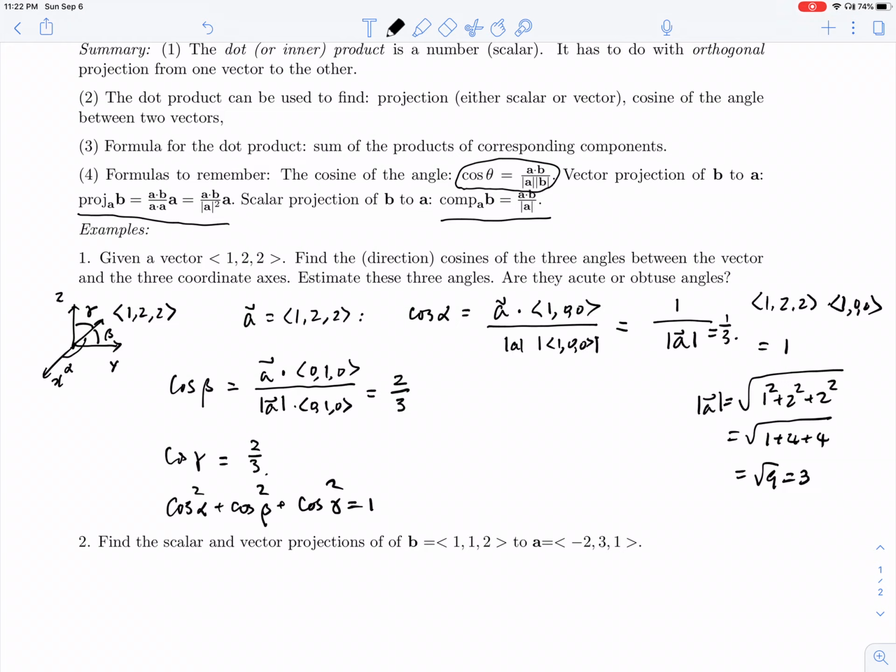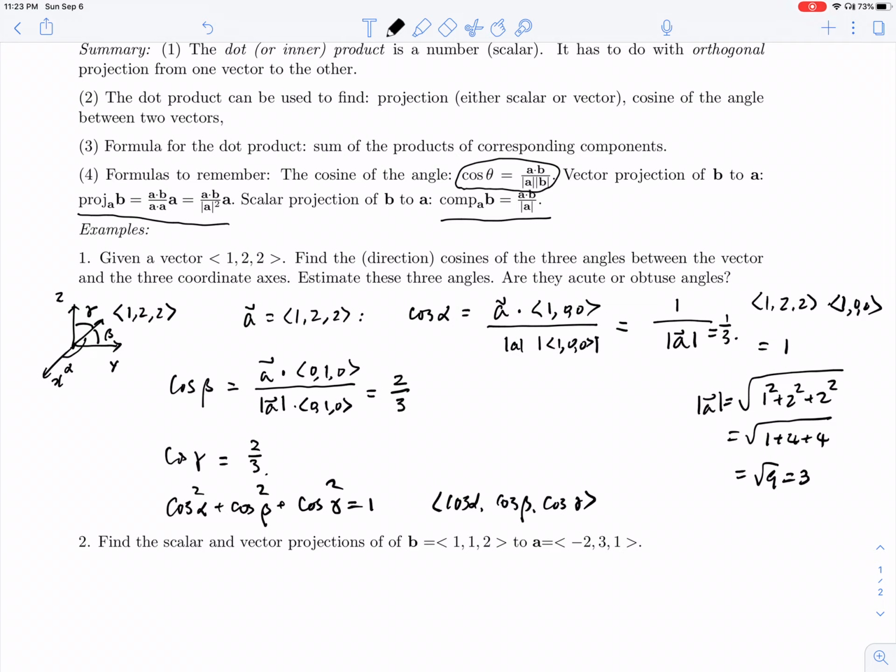These 3 cosines are simply saying that the vector (cosine alpha, cosine beta, cosine gamma) is the so-called unit vector for this (1, 2, 2), and this is just the length. If you look at what we have, these are exactly the 3 components divided by the length.